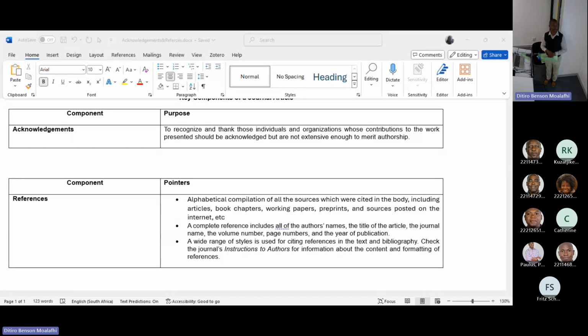APA maybe is the most common referencing style, I don't know whether we're in the 7th edition. In the manual they also show, even if you do it by hand, even before you go to the referencing software, how you reference a textbook, how you reference a journal paper and so on. But again, this will depend on the journal outlet you are targeting. Get a sample paper, look at the formatting, look at exactly what they mean and what you are going to do.